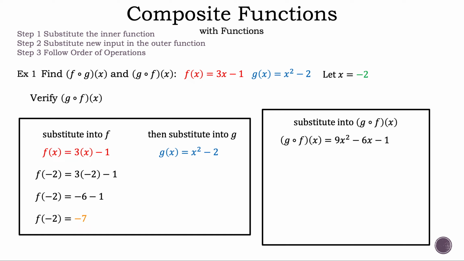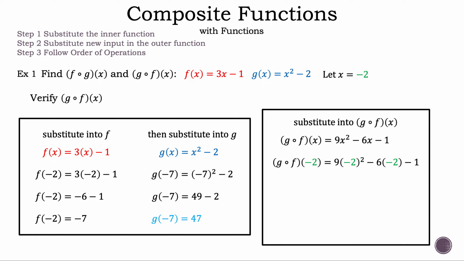So we need to substitute negative 7 into g of x. So now we have g of negative 7 is equal to negative 7 squared minus 2. And negative 7 squared is 49. And 49 minus 2 is 47. So g of negative 7 is equal to 47. That is the output value we want when we substitute negative 2 into g of f of x. So let's substitute negative 2 into g of f of x.